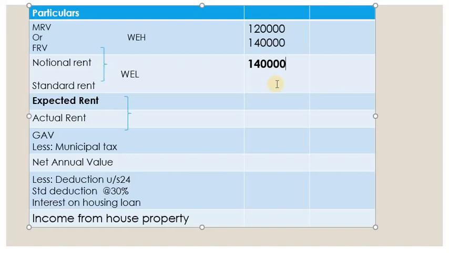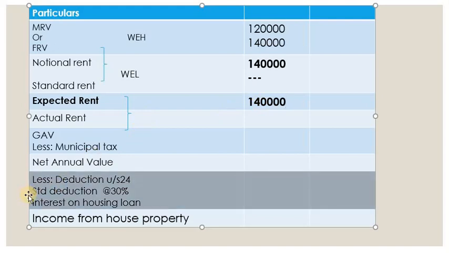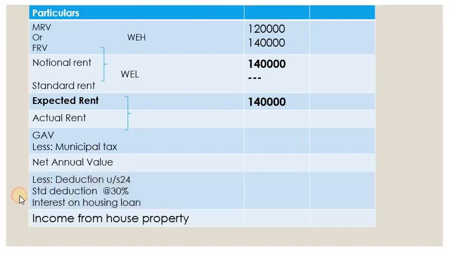Then we have to again compare with the standard rent. There is no standard rent given. When there is no standard rent given, then whichever value we have becomes the expected rent, 1,40,000. Now we have to see the actual rent, that is received from the property.